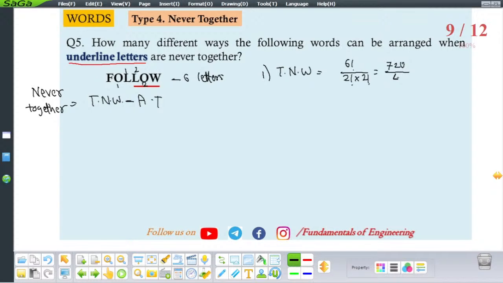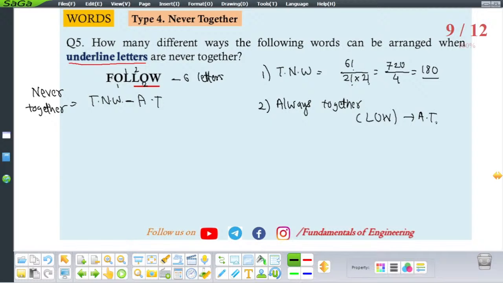Second, always together. Always together means L, O, W which are underlined should be always together. So remaining are F, O and L. So how many places? 1, 2, 3, 4.